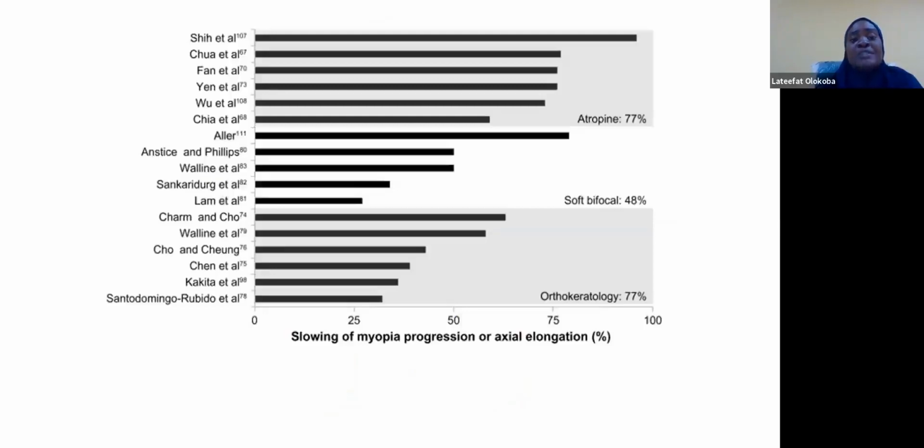Several studies have compared the effectiveness of the several strategies for myopia control, and atropine and autokeratology are shown to have the most effect at limiting the progression of myopia in children.